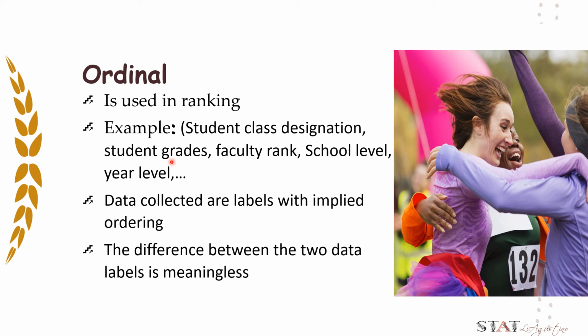And then faculty rank, school level, or year level, where data collected are labels with implied ordering. For example, in the category of first year, there is an implied order, meaning second year is higher than first year. And the difference between the two data labels is meaningless. So that is the ordinal level of measurement.